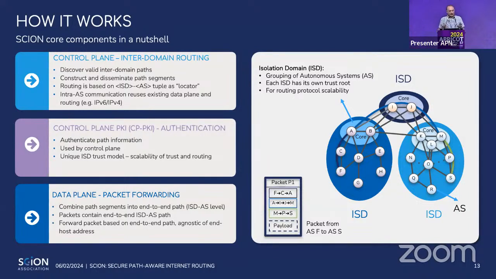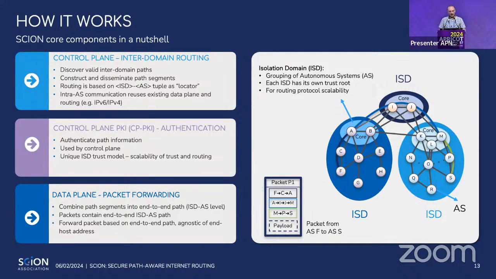So there are three main components to this. You have the control plane, which is there to discover the valid inter-domain paths and then construct and disseminate these path segments. It has a routing identifier based on what they call an ISD-AS tuple. But the intra-AS communication just relies on the standard interior gateway protocols that you would normally run.